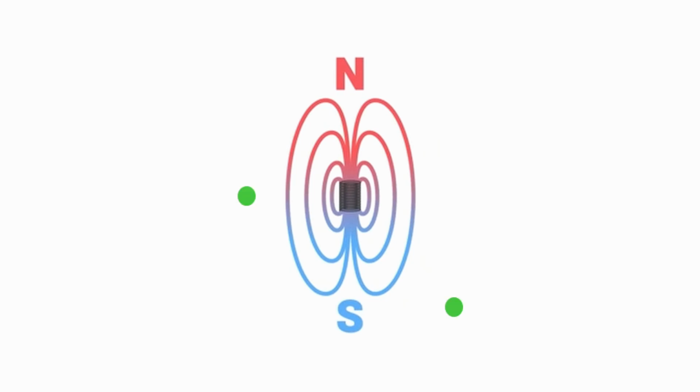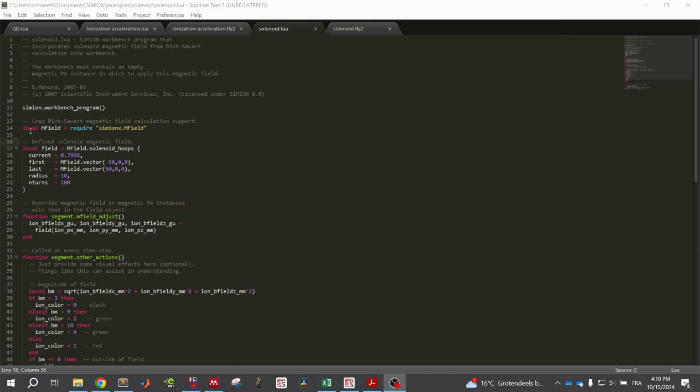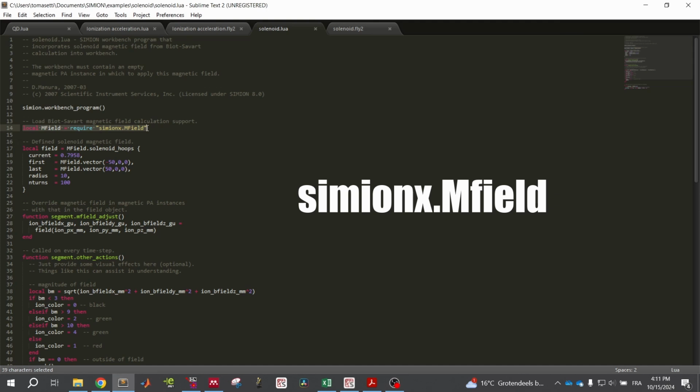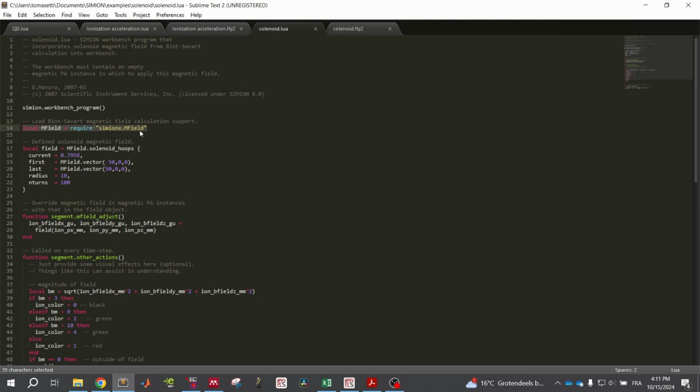The integration of this law in each point of space is quite well optimized in SIMION. To create a solenoid in SIMION, you need to use a user program, because in the Workbench user program, you can load the integration support of the law called SIMION XM field. Then you can define your solenoid.